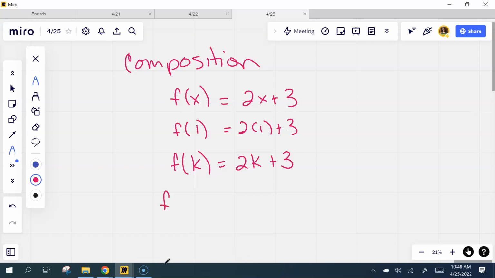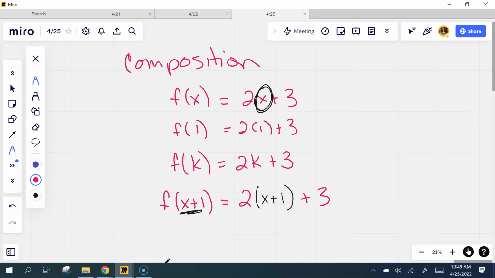What if I asked you to find f of x plus 1? Whatever is here is what's replacing that x to start with. So instead of x, it's x plus 1, plus 3.